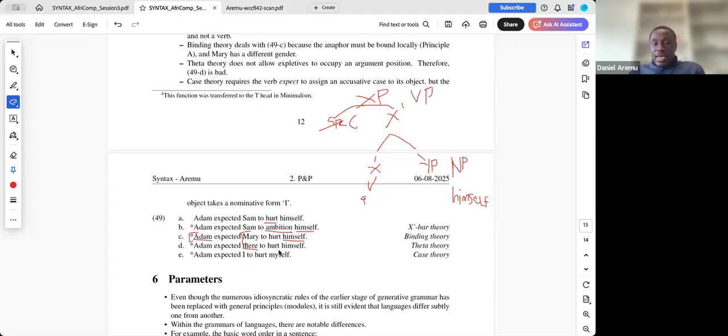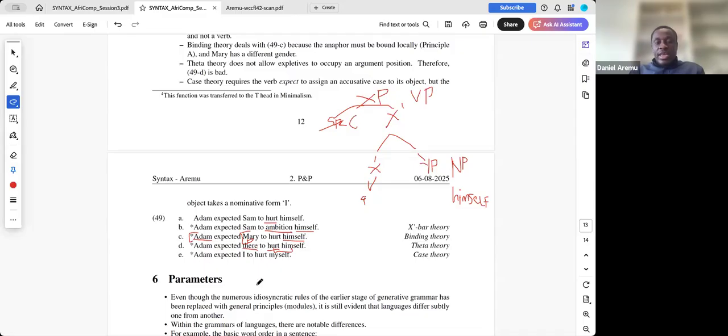So hurt is a two-place predicate: someone hurt something, or hurt himself. So you cannot use there, because hurt needs to assign two theta roles to two arguments. It assigns to himself, and then in this case it would assign to a big PRO. That's what it will get here and not there. So there cannot be here because it's an expletive.